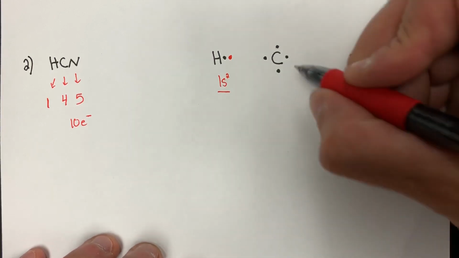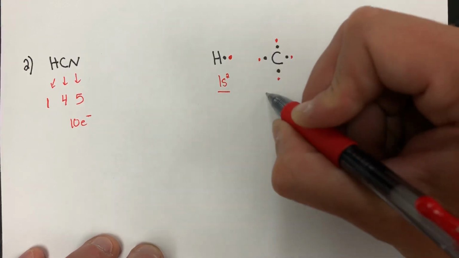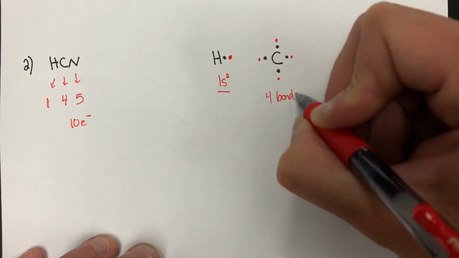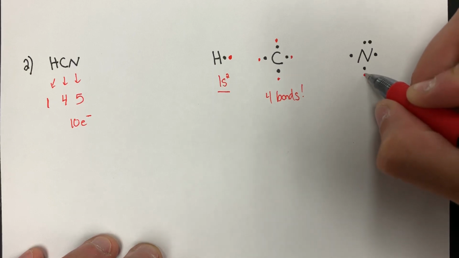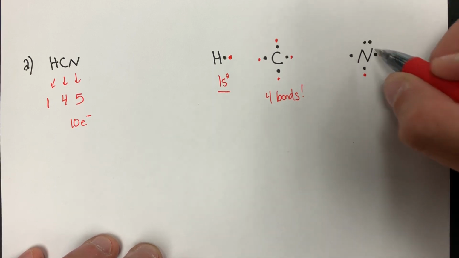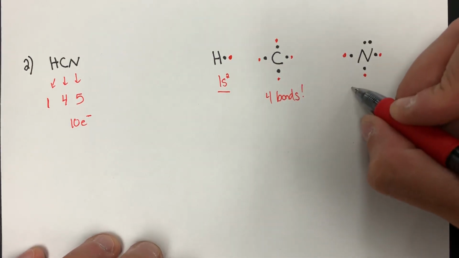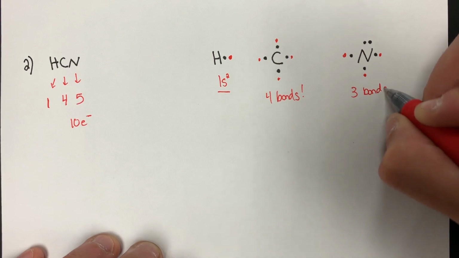When I do the same for carbon and nitrogen, I find that carbon traditionally is going to form 4 bonds. And this nitrogen, because it already has this pair of electrons and has 5 valence electrons as opposed to the 4 in carbon, is pretty much only ever going to have 3 bonds.